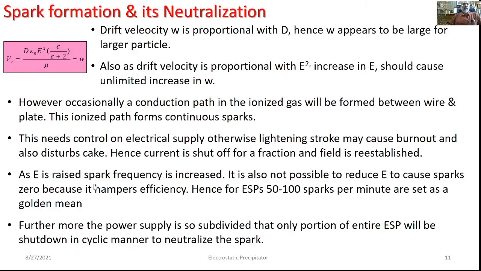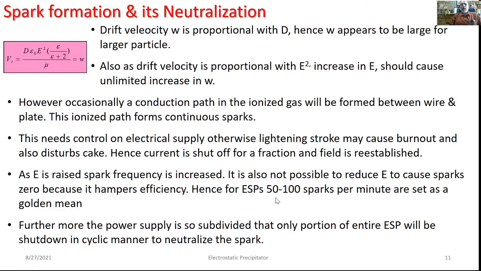So, as E is raised, the spark frequency is increased. If this E is reduced to 0, it will eliminate the sparks. However, if this ionization path is not developed to the required extent, the particulate deposition won't take place. Hence, it would hamper the particulate collection efficiency.